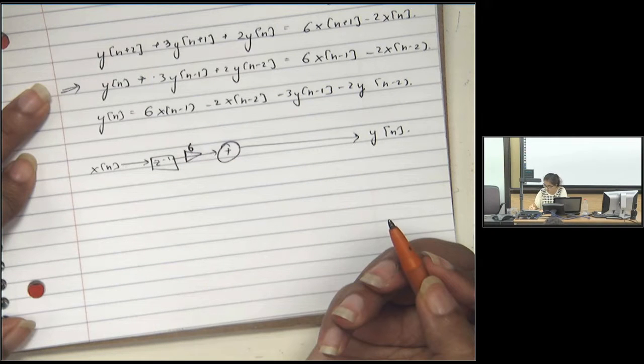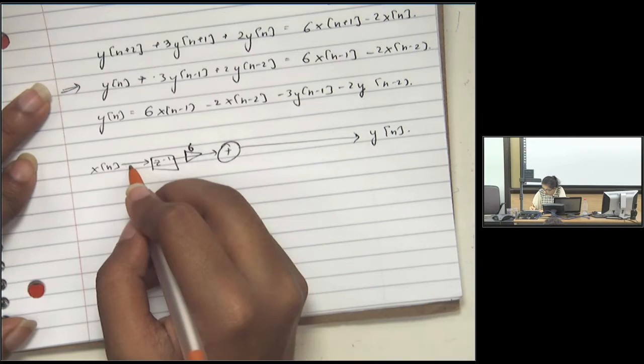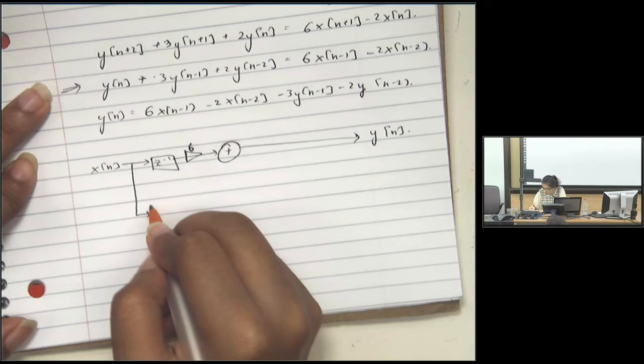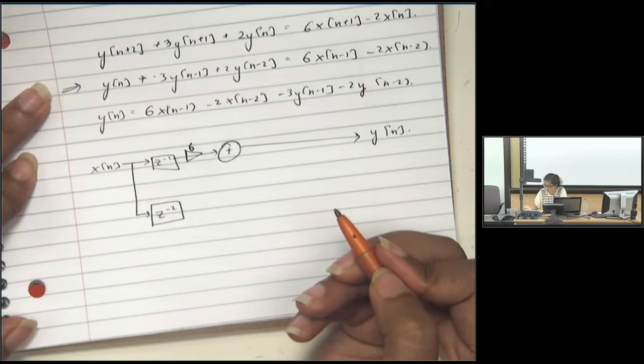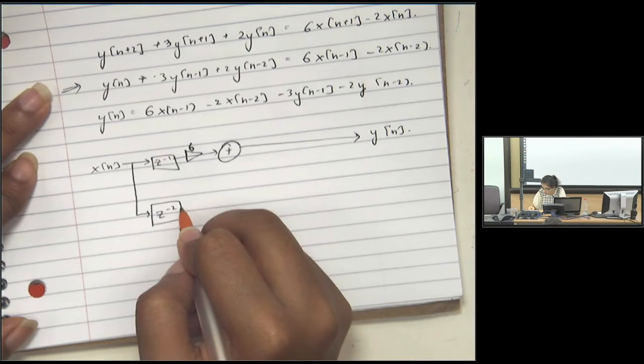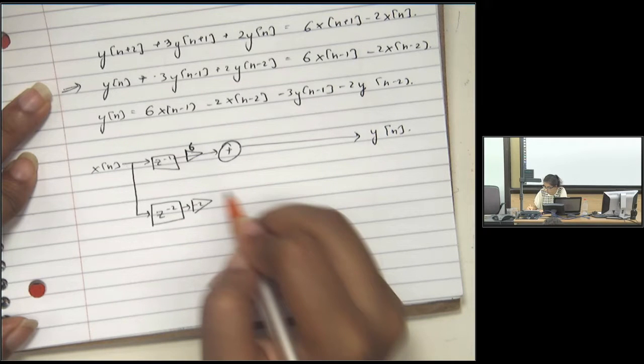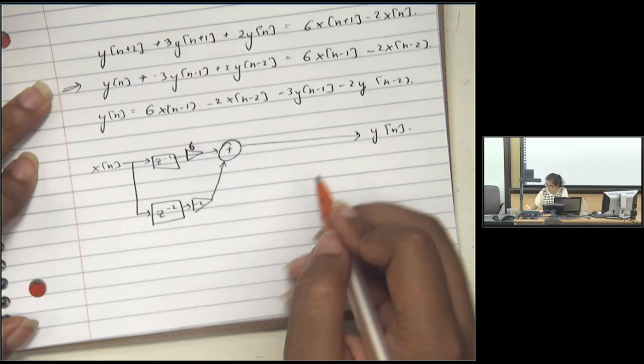Okay. Now, next is I'll have another delay term. Here I have z to the minus 2 multiplied with the gain of minus 2, and that's added again. Okay.